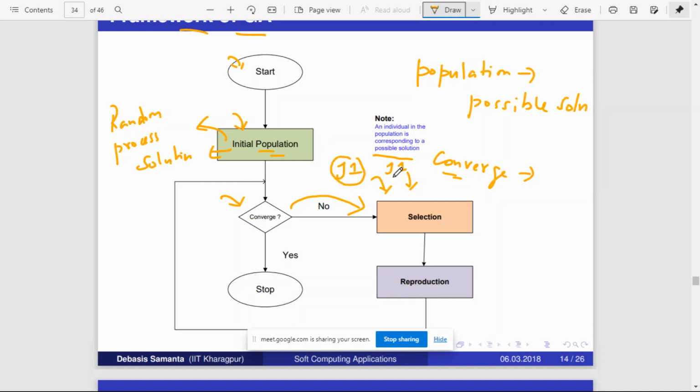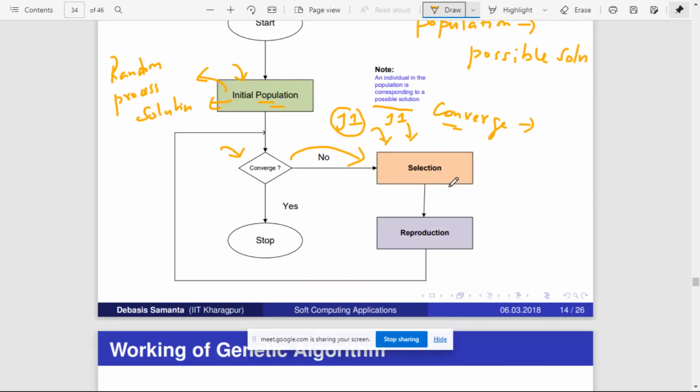After selecting two possible solutions, you perform reproduction, that is, crossover. When you perform crossover, you get a new solution. Individual I1 is one solution, I2 is another solution, and from this we create a third solution, I3. So this is the new solution.